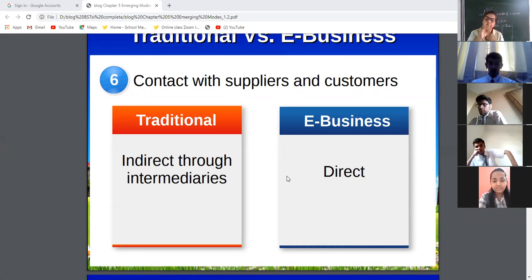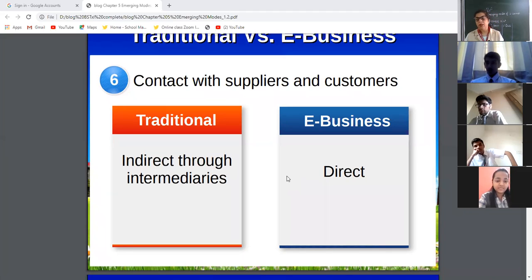Now wholesalers have contact with retailers. Retailers means small shopkeepers, like in your locality there will be some general stores. Retailers purchase from wholesalers and sell according to the requirement to consumers.